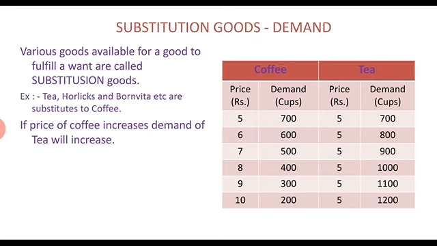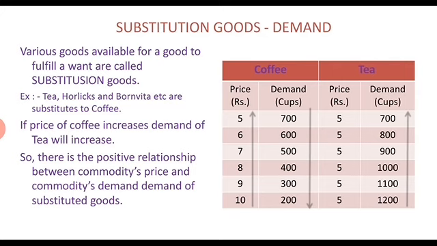If we observe this table, the price of coffee increases, the demand for tea also increases. So there is a positive relationship between the price of a commodity and the demand for its substitution goods.